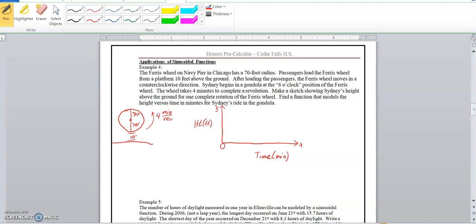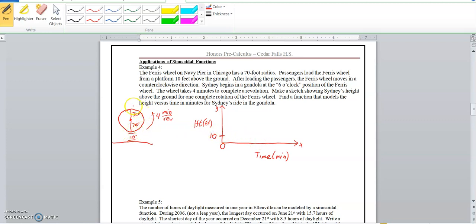There we go. What we know about this is that the person boards the gondola that is at the 6 o'clock position, so 6 o'clock down here means that the graph will start at 10 feet off the ground.